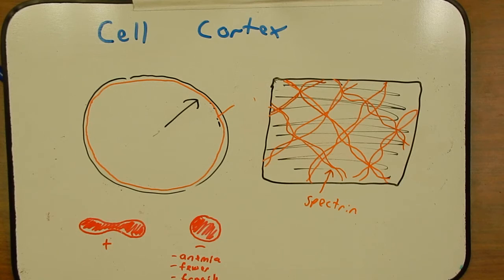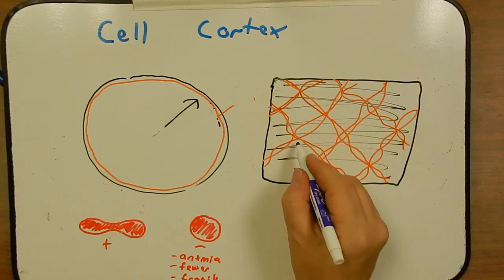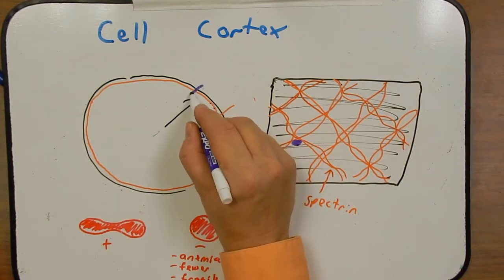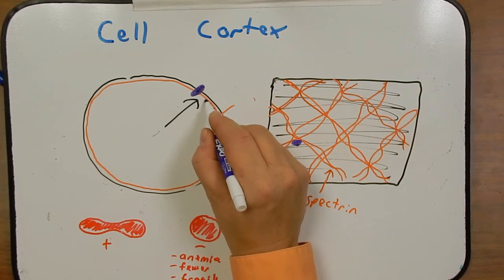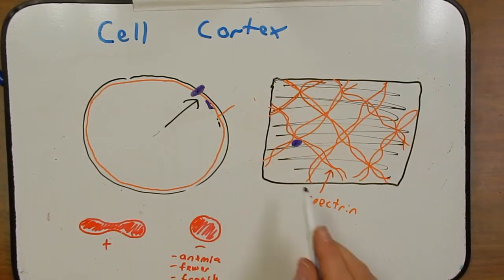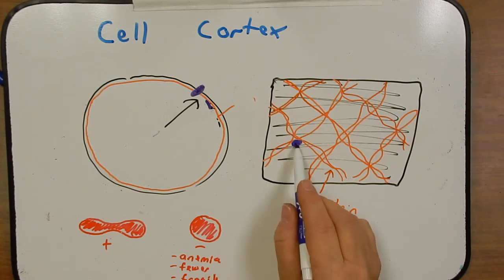All right, one other thing I want to mention about spectrin is that it will serve to anchor various proteins. So if I had a protein here, maybe a transmembrane protein, or maybe a protein here, they would serve to hold that protein in place. Now, not all the proteins are going to be held in place like that, but some might.